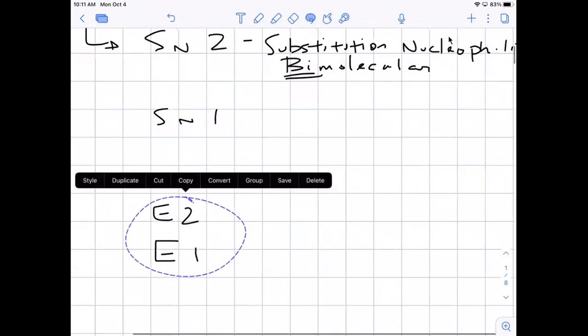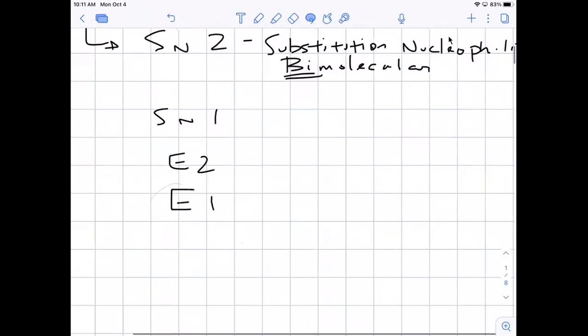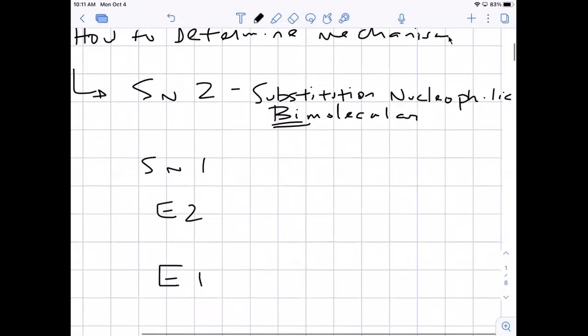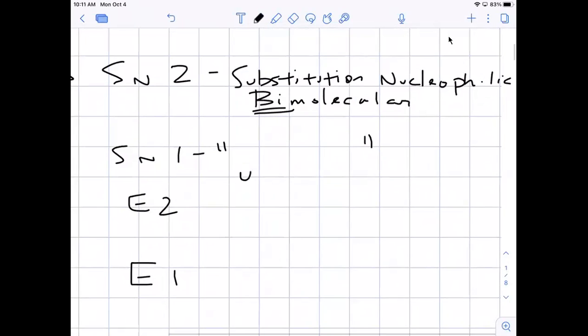And then SN1, same thing, but it's unimolecular. So I'm just going to put quotes here. So unimolecular substitution, bimolecular substitution.